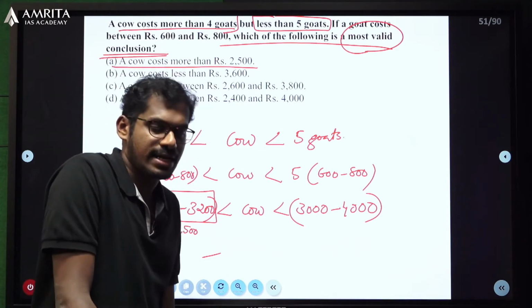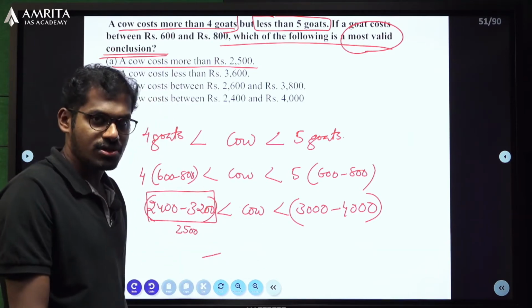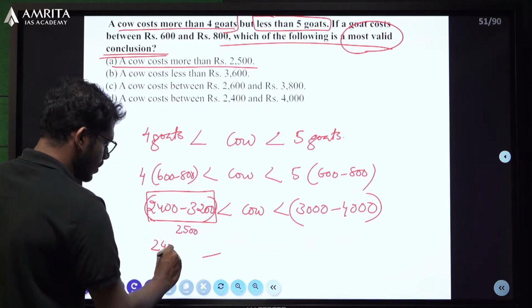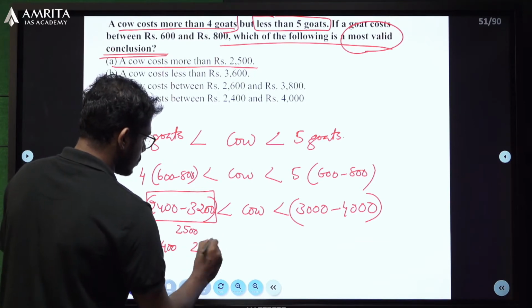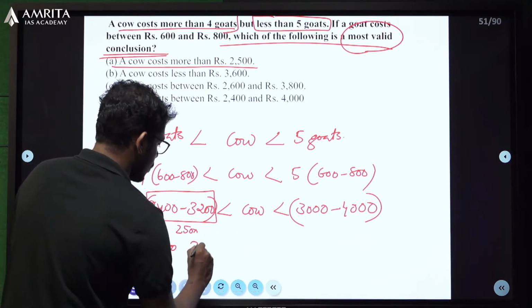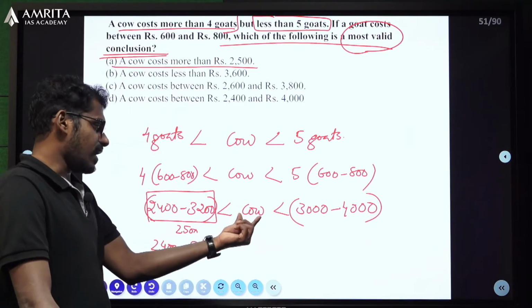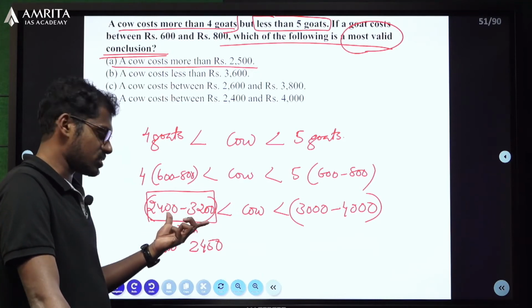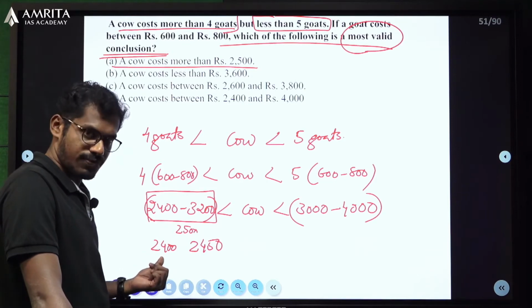Can we definitely say that the cost of a cow is more than 2500? What if the value of 4 goats is 2400 and the cost of a cow is 2450? Because they say that the cost of a cow is more than the cost of 4 goats. What if the cost of 4 goats is 2400?